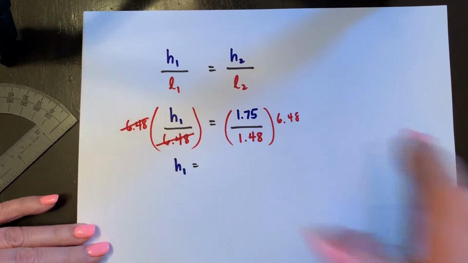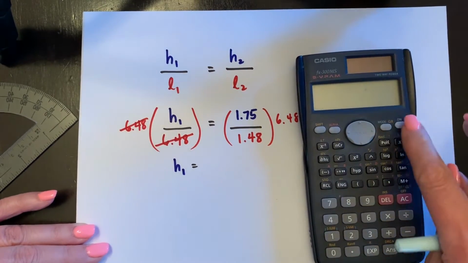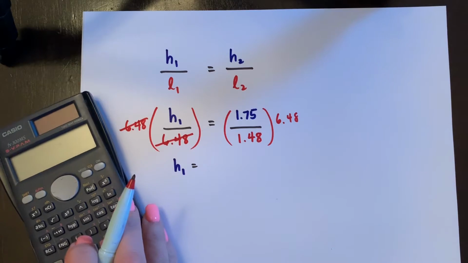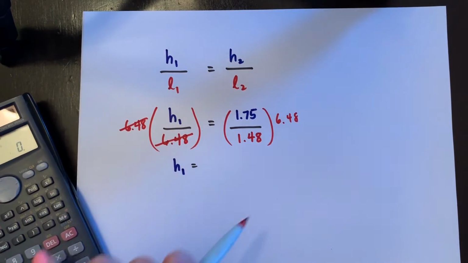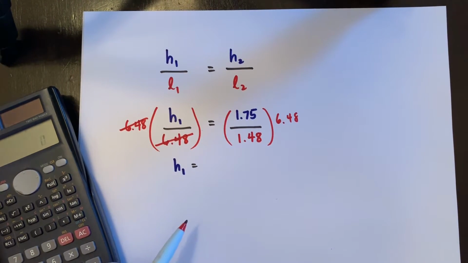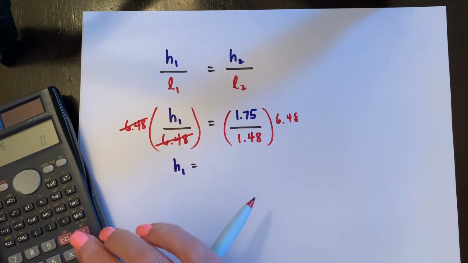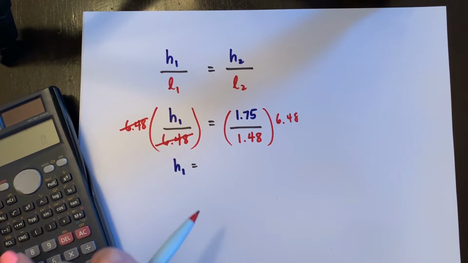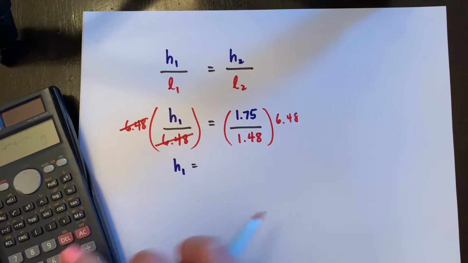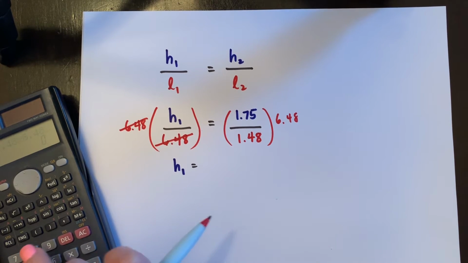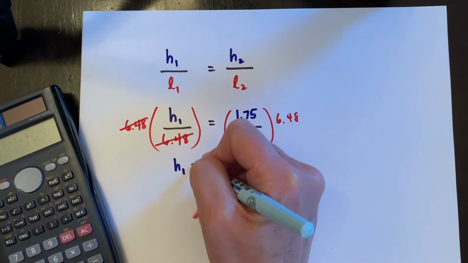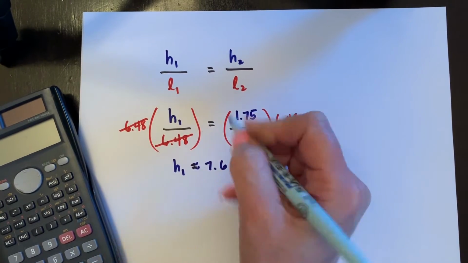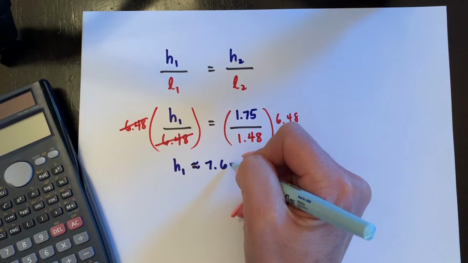So our height is going to be 1.75 divided by 1.48 times 6.48, giving us a height of about 7.66 meters.